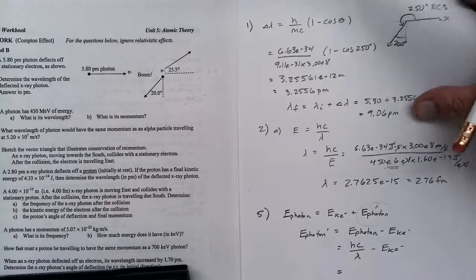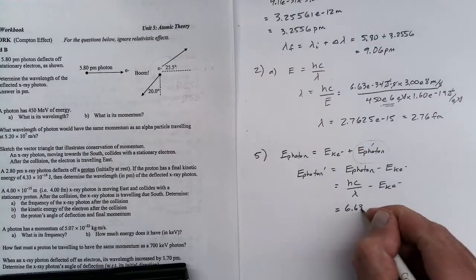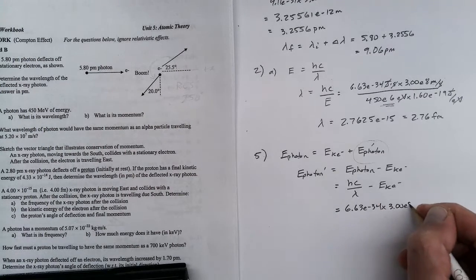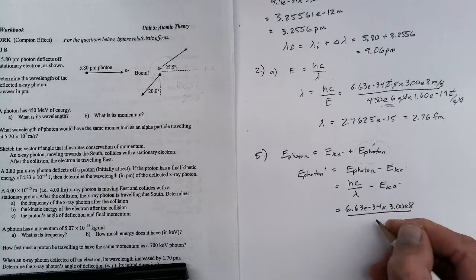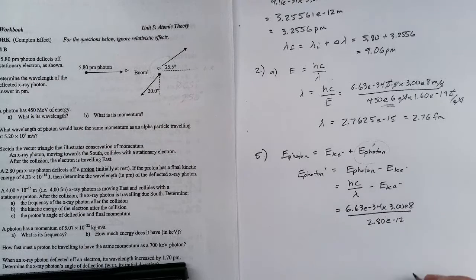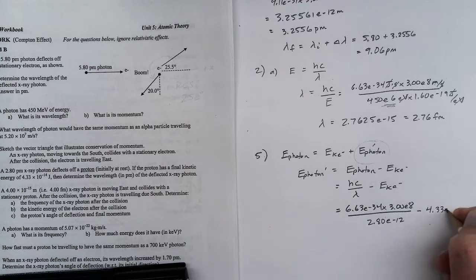Okay, let's do the calculation in a second. Let's just put in my numbers. 6.63 E negative 34 times 3 E8 over the wavelength 2.80 E negative 12. And then subtract away the 4.33 E negative 14.